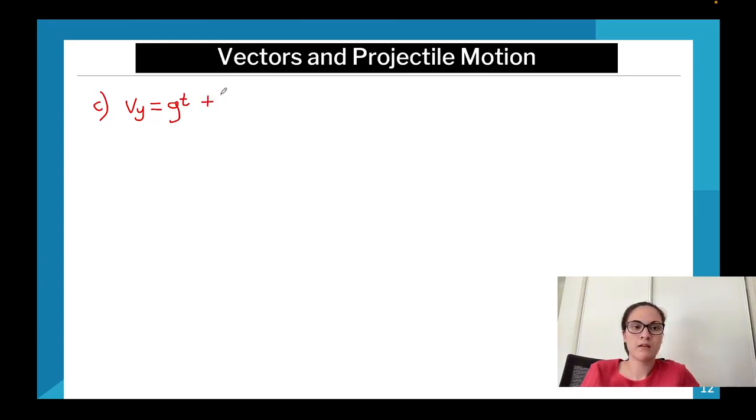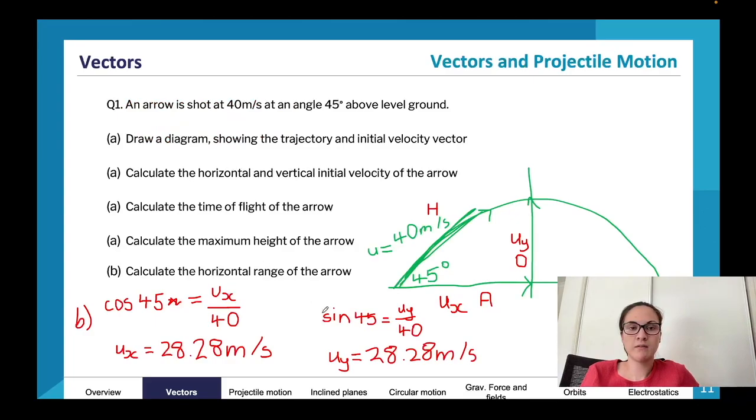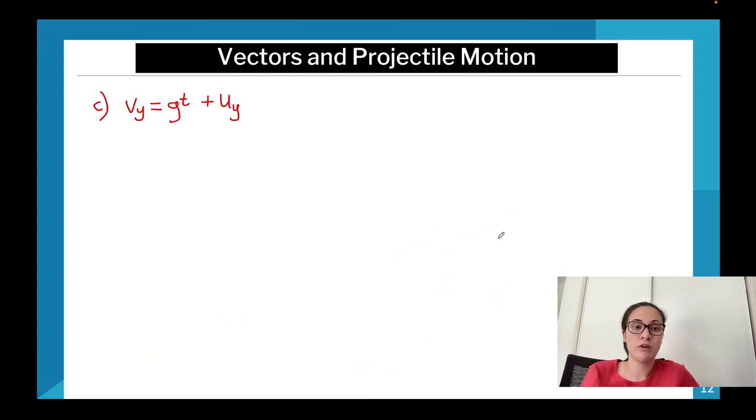Now, because we do not know what Vy is, we are going to say that it is 0, because initially Vy is nothing, all right? And we're just going to use the initial velocities that we have, but our final velocity we do not know. So Vy we don't know, Uy and Ux we do know, but we don't need Ux, we just need Uy.